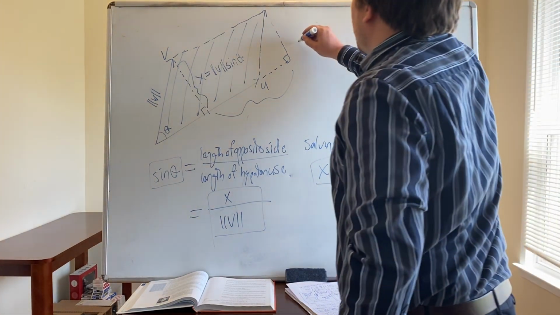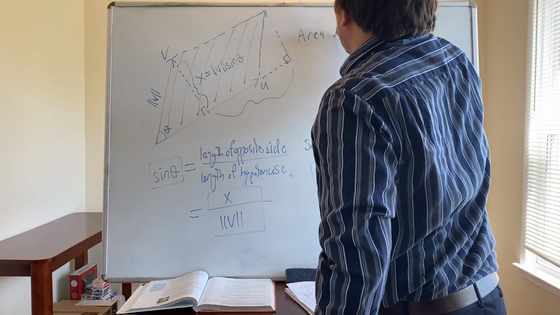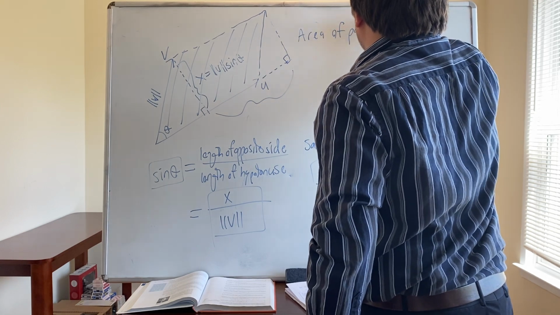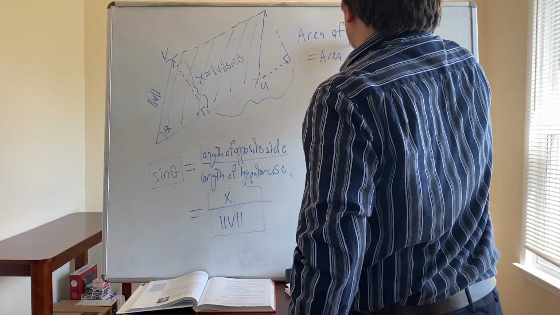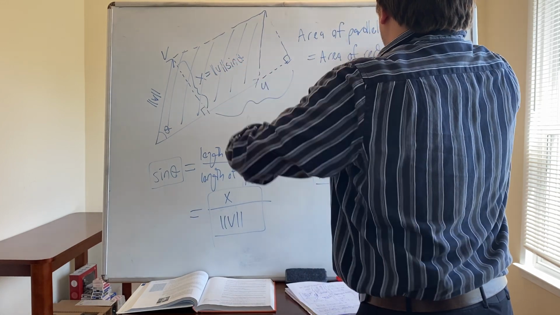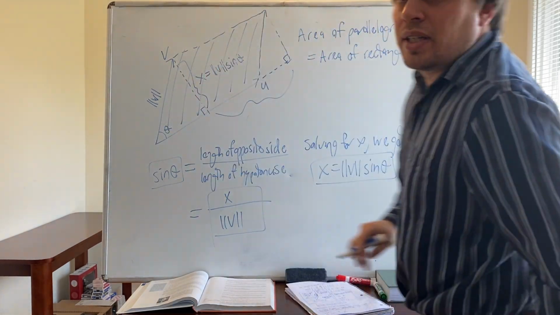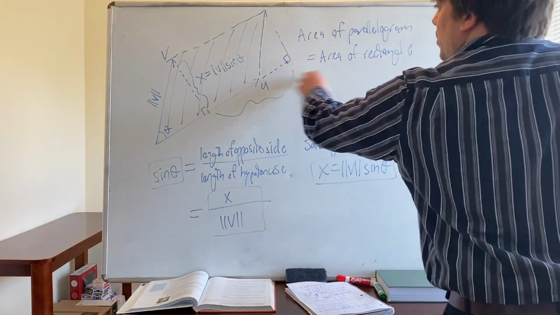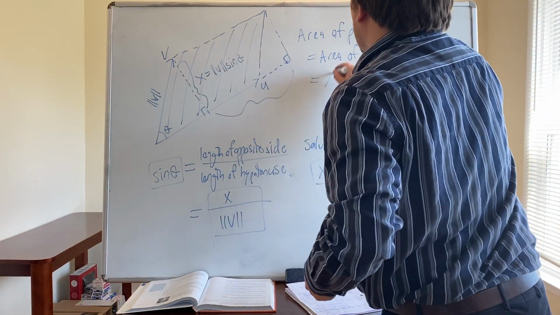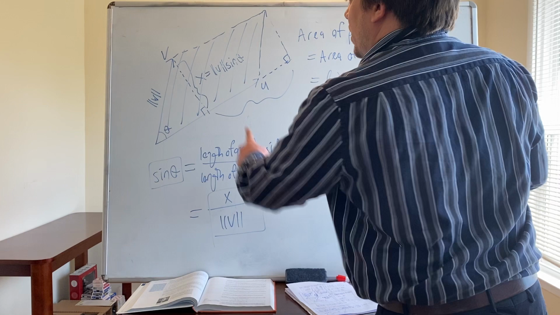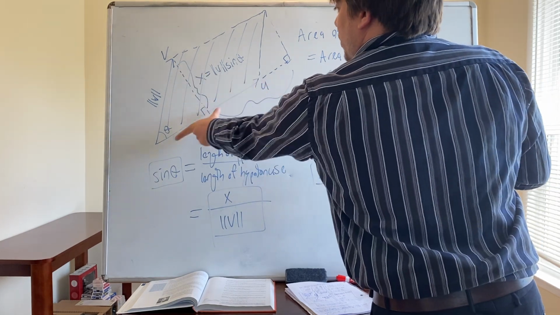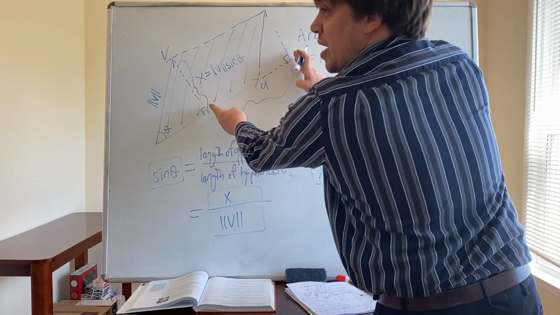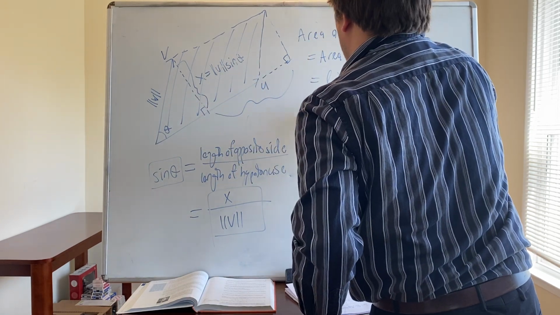And so the area of the parallelogram is equal to the area of the rectangle that I'm talking about, right? Area of rectangle means this rectangle. So the area of the original parallelogram is equal to the area of this rectangle, which is equal to length times width. And that's equal to the norm of U. The length of this vector is the same as the length of one side of that rectangle.